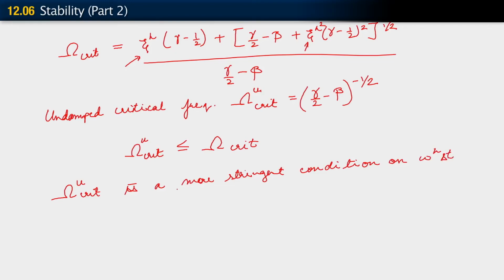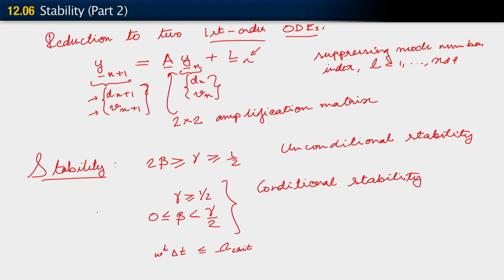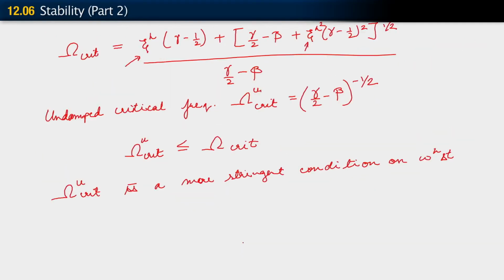It's really a condition on delta t. So instead of saying that it has to be less than the actual critical frequency, instead of using the condition that I have at the bottom of this slide, if we were to say that omega h delta t has to be less than this quantity, then we're actually imposing a more stringent condition upon our time integration algorithm.